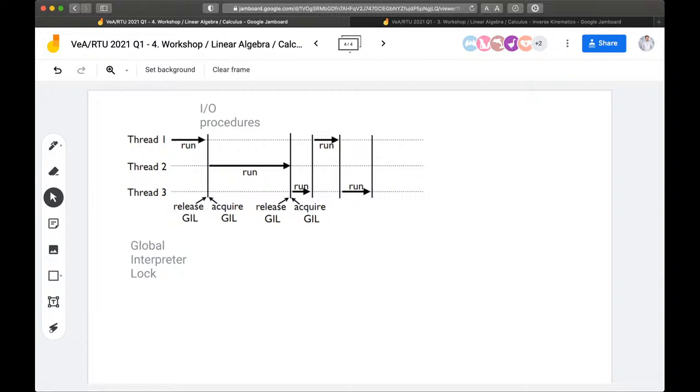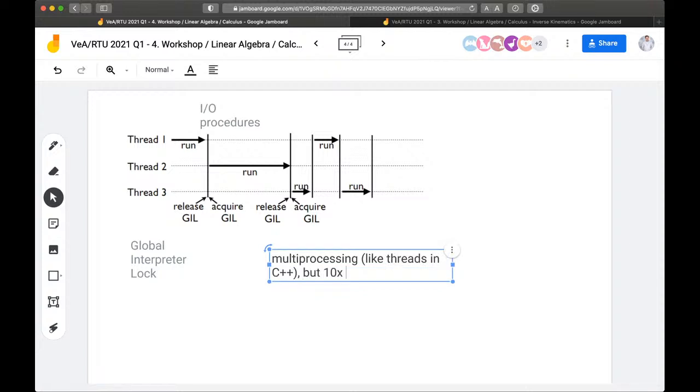And the only way to bypass this in Python is to use multiprocessing. Multiprocessing is like threads in C++, but about 10x more complicated than threading.